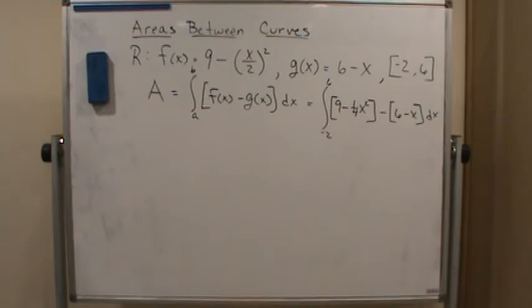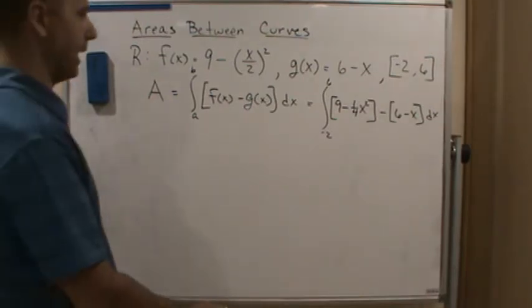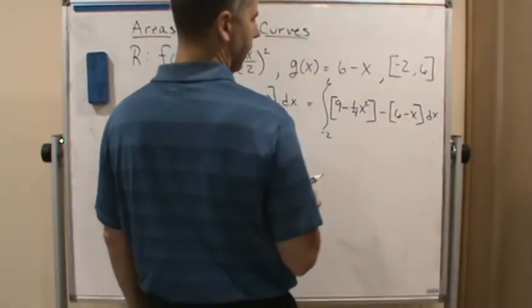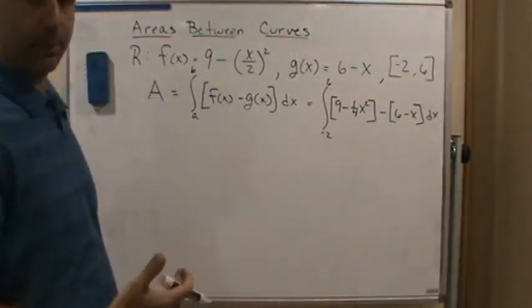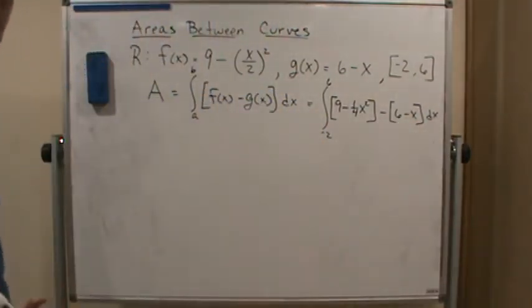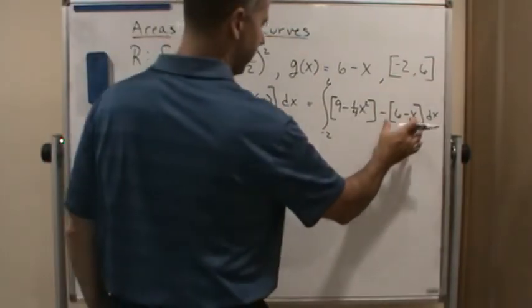Now, incidentally, because I'm subtracting this, I'm going to end up with an expression similar to the one I got before when I was solving for the intersection points, because I'm subtracting off this piece here.